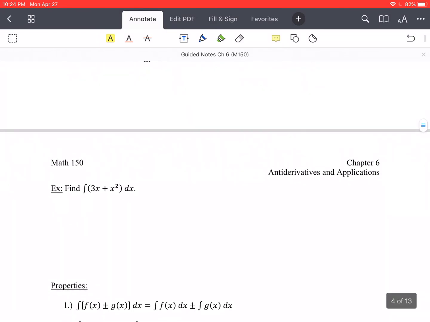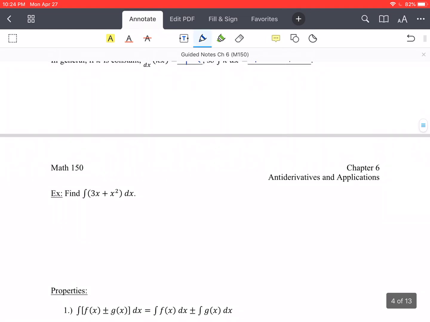Alright, let's look at another one. Find the integral of 3x plus x squared dx. So let's use some of the information that we've already found. We already know some of these. For example, we know the antiderivative of x, and we know the antiderivative of x squared. We already found those.